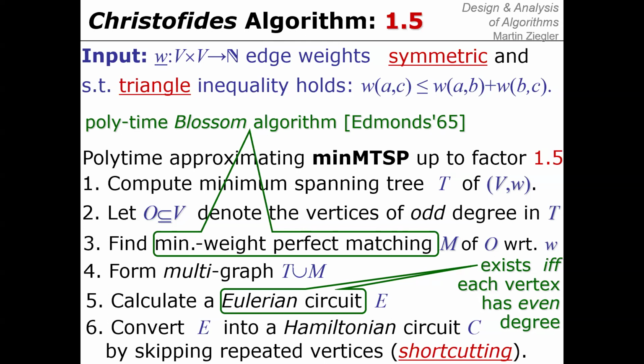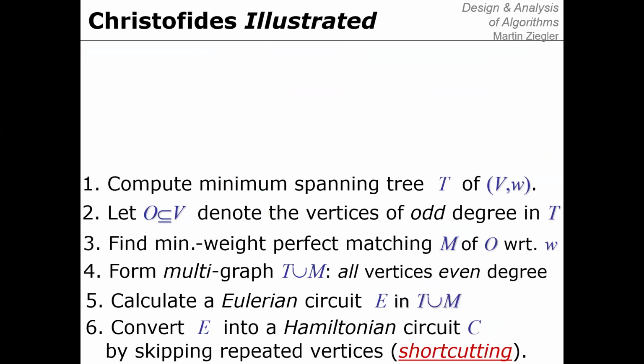And there's a famous known algorithm, the Blossom algorithm, for calculating minimum weight perfect matchings. And why calculate a minimum weight perfect matching? This becomes clear when we analyze the Christofides algorithm.